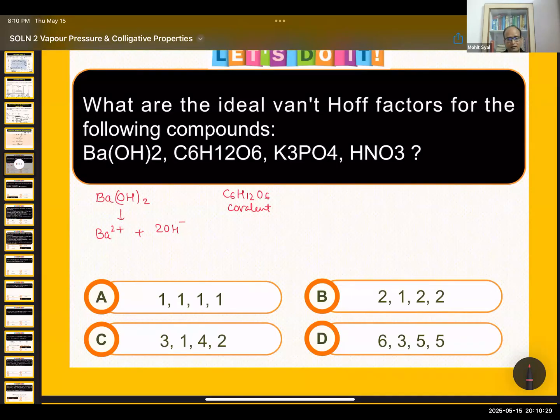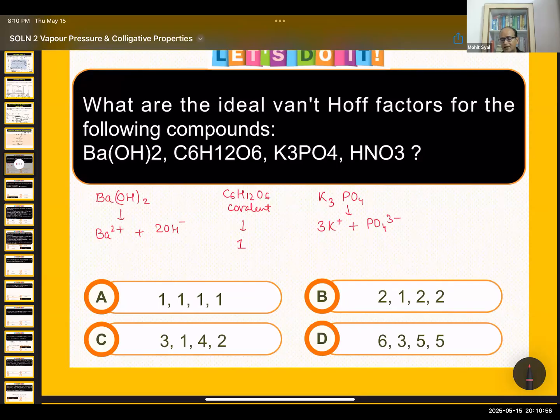Yeah, Aisha, correct. Marwa, what is going to be the answer? Sir, it's C. Yes, very good. So it is going to be 1 K3PO4. You have 3 potassium and 1 phosphate, so 3 potassium ions and 1 phosphate ion, PO4 3 minus. Okay, so all of you have given the correct answer.